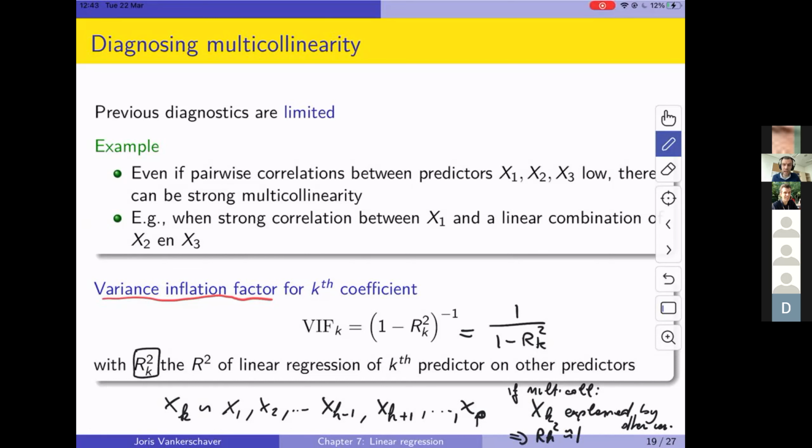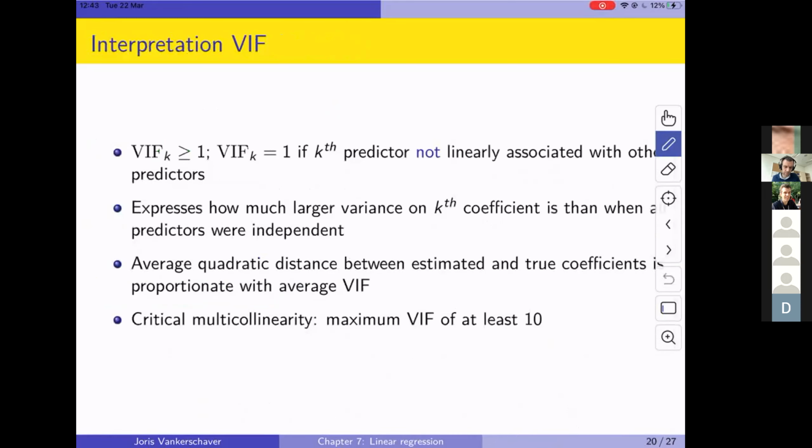So if the VIF is high, then that means that predictor k doesn't contribute a lot of information to the model. It can be explained itself as a function of the other variables in our model. And so in general, the VIF for each predictor is always going to be at least 1, but it can range up to infinity, infinity if predictor k is perfectly explained by everything else in the model.